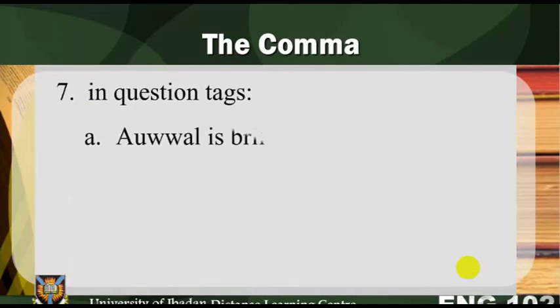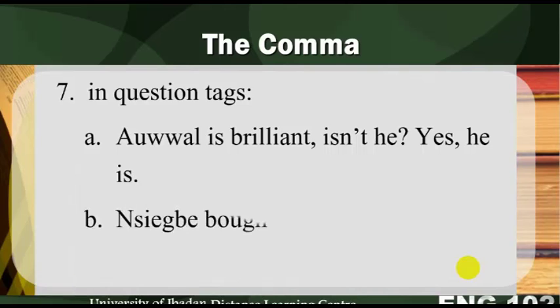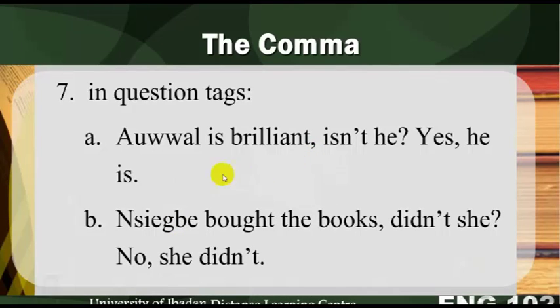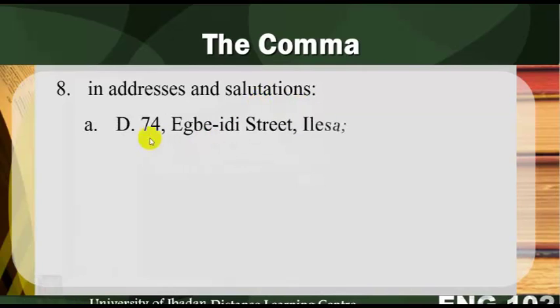Number 7. In question tags. A. Awa is brilliant, isn't he? Yes, he is. B. Insiegbe bought the books, didn't she? No, she didn't.